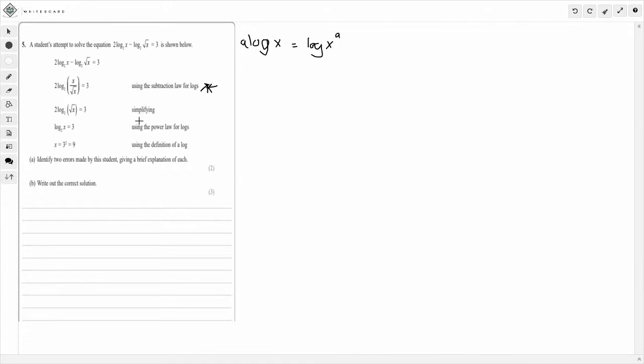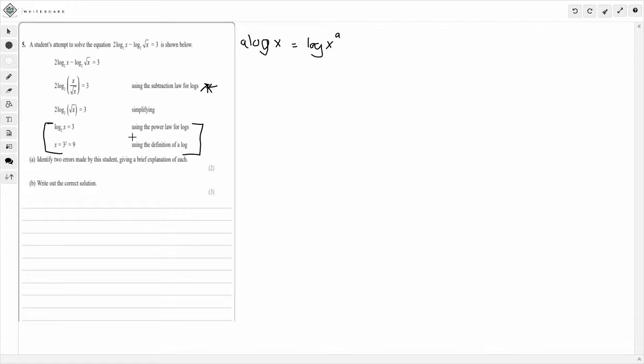And then the second mistake, so there's nothing wrong, well, apart from this here. The second mistake comes from here, where they've tried to use the power law and the definition of a log. See, x wouldn't be 3 squared here.